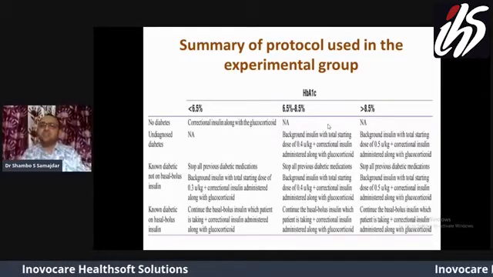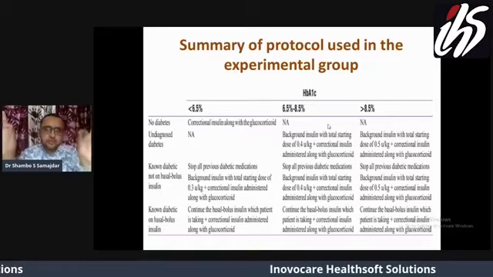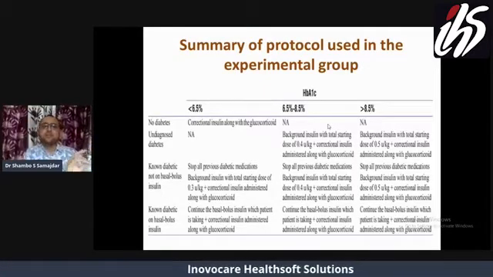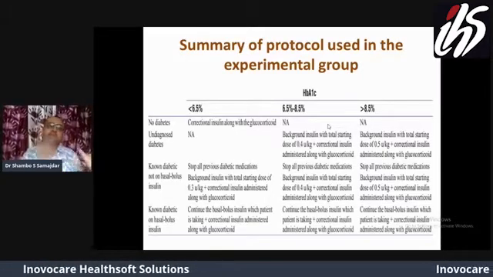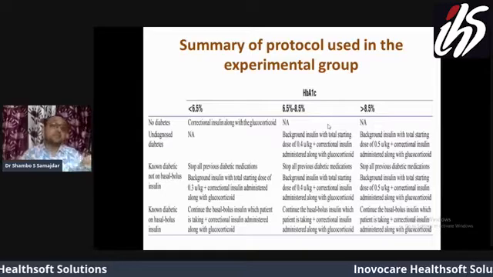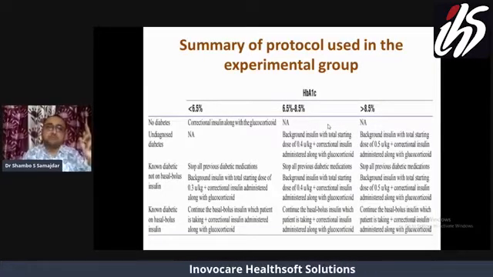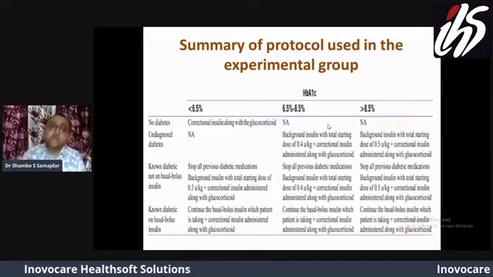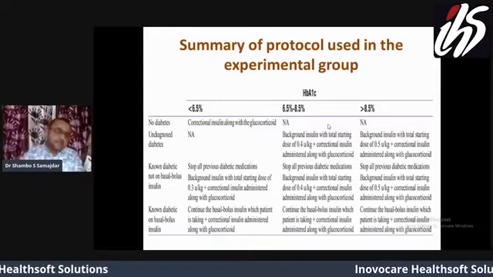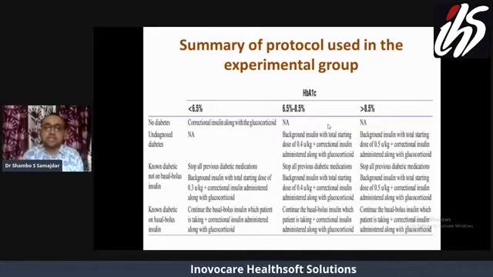So HbA1c has a very huge value. We need to know the HbA1c level, and then whether the patient is non-diabetic, or diabetic but undiagnosed. Then the question comes whether the patient is diabetic but not on basal bolus insulin. Then the last column is diabetic on basal bolus insulin.